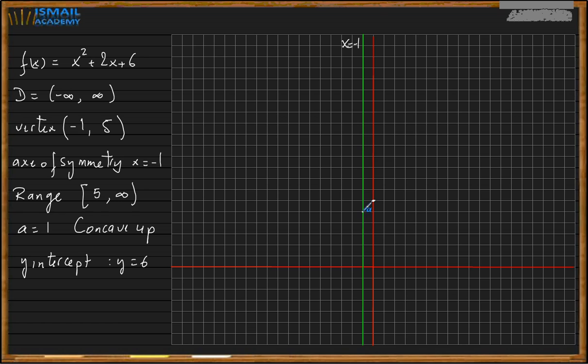This is my vertex. Now I have no x-intercept, so what I do here, I just graph one side, and I do by symmetry to graph the other.